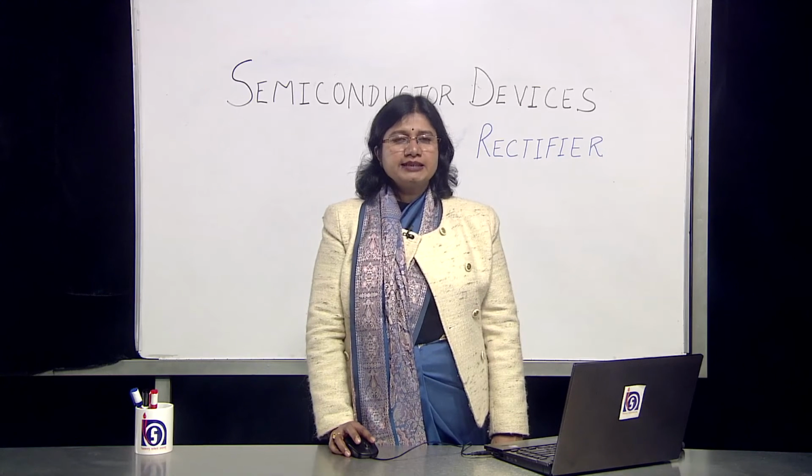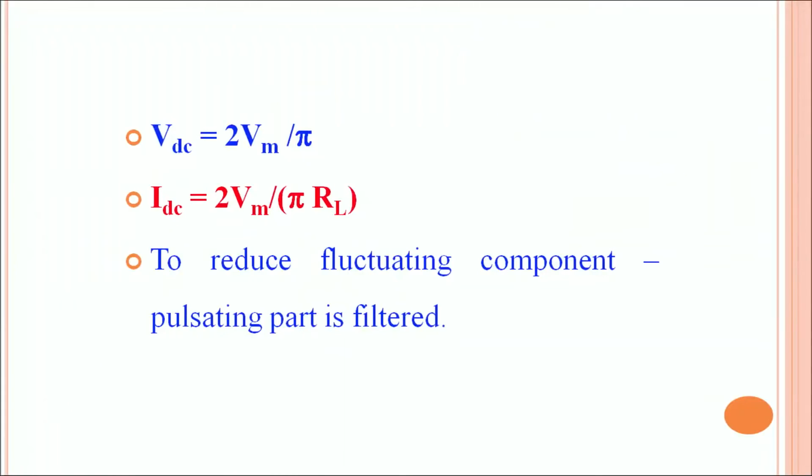Unlike the previous case, over here the DC voltage generated is 2 times Vm by pi, and thus the DC current generated is also 2 times the peak voltage divided by pi times RL.